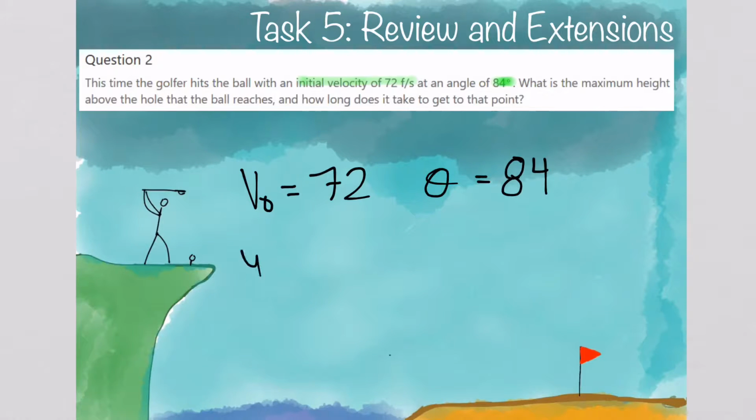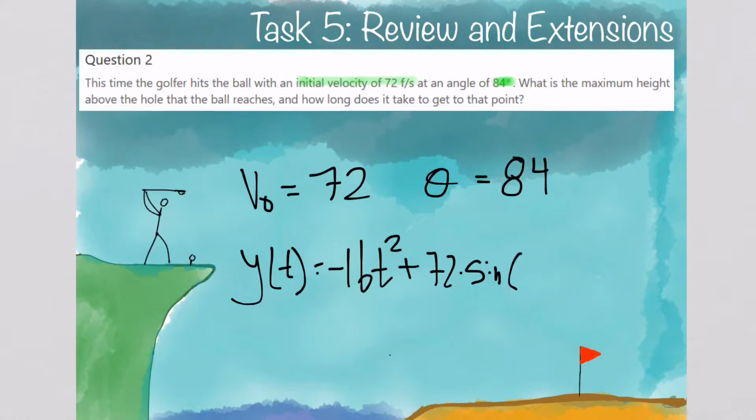So we have y of t equals negative 16t squared from our vertical motion model, plus the vertical component of the initial velocity, which should be 72 times the sine of the angle, so sine of 84 degrees, times time, plus our initial height of 12 feet that we've been using throughout this set of problems.